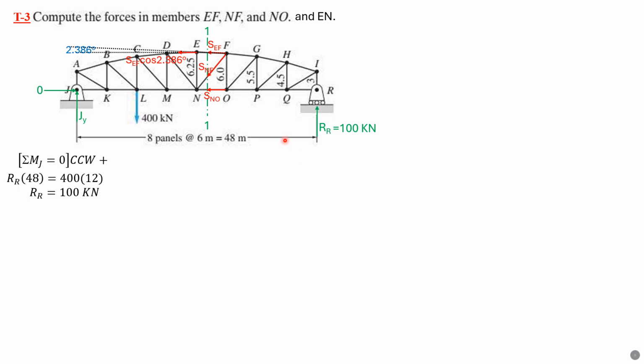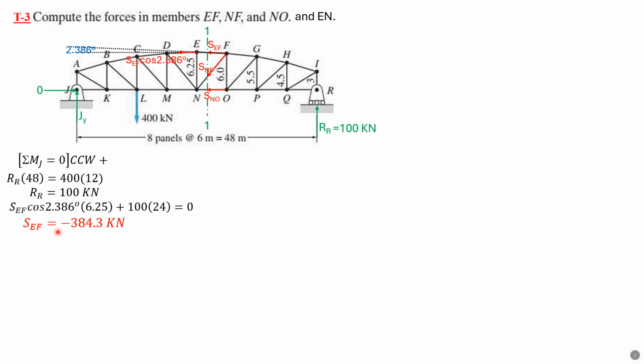The equation is SEF cosine 2.386 times 6.25 plus 100 times 24 equals 0. From there we can solve SEF, and SEF equals negative 384.3 kilonewtons. The more accurate value is negative 384.333 kilonewtons.